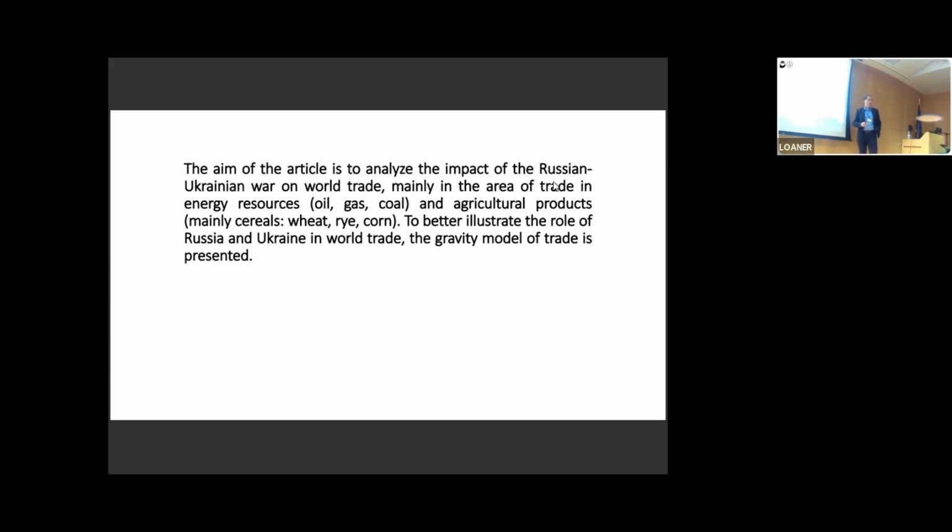Russia and Ukraine are the major producers of those cereals for Europe and the EMEA region, so also North Africa and the Middle East.